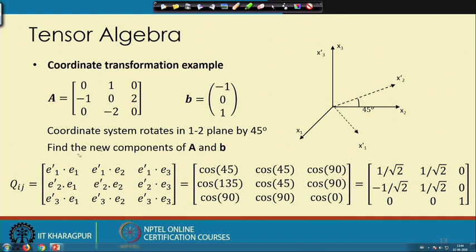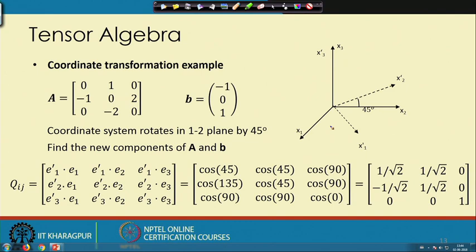Our first job is to find the components of Q, and if I write it in matrix form, E1 prime dot E1 is the cos of the angle between x1 and x1 prime, which is 45 degrees. So, cos 45. Similarly, E2 prime dot E1, that means x2 prime and x1, which will be again 135 degrees, because this is 90 plus 45.